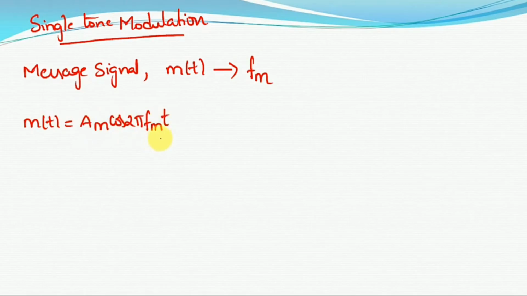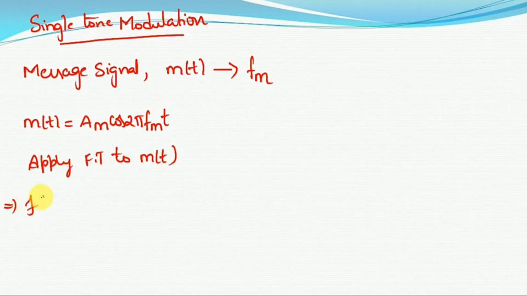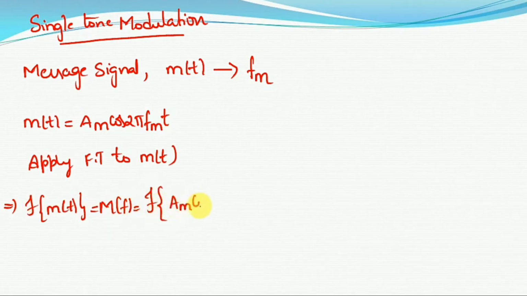The next step is to draw the frequency spectrum of the message signal. How do we draw it? By applying the Fourier transform to m of t. The Fourier transform of m of t is indicated by M of f, which is the Fourier transform of Am cos 2 pi fm t.